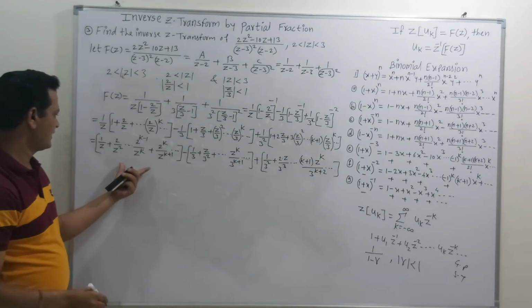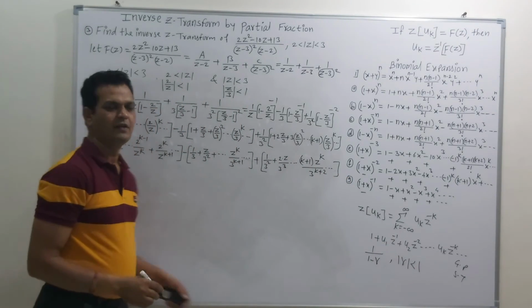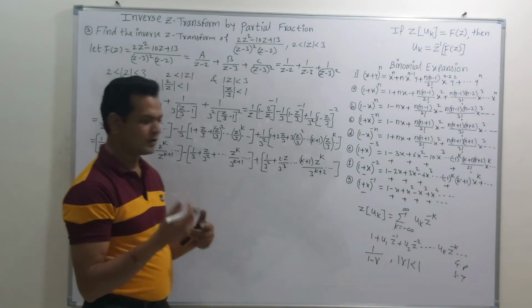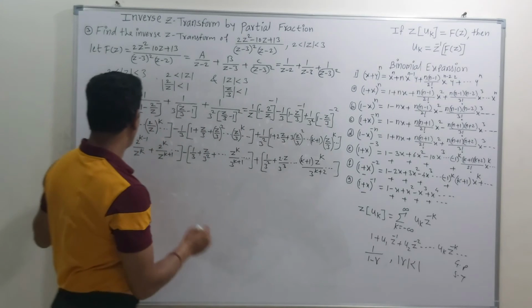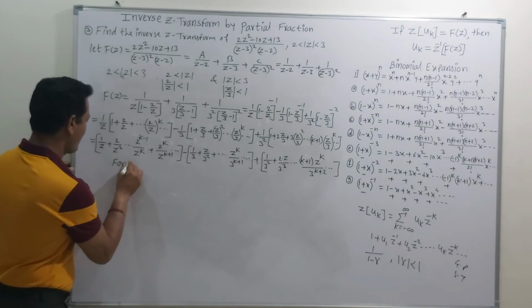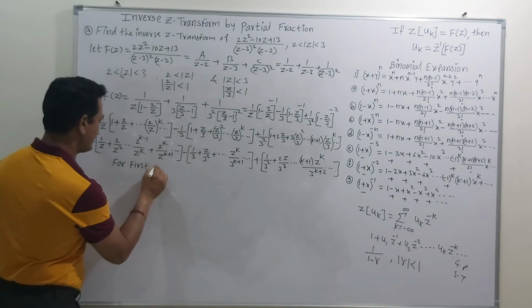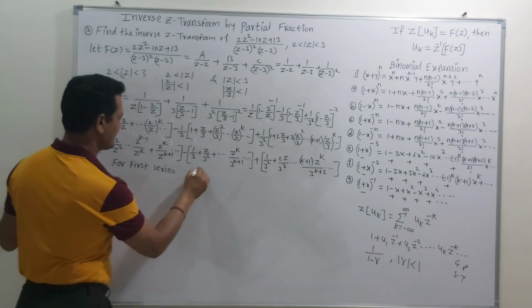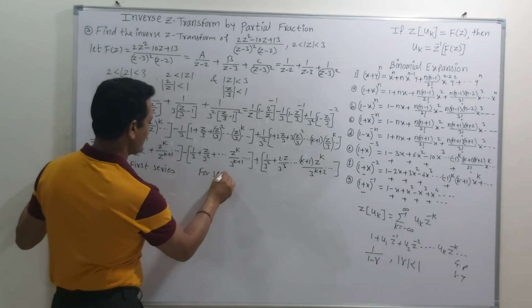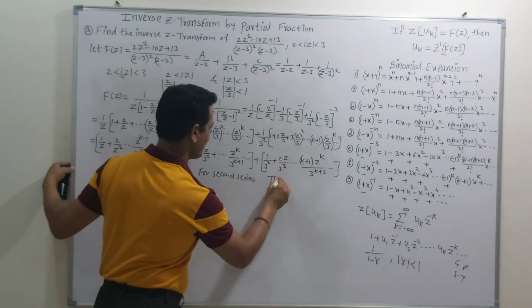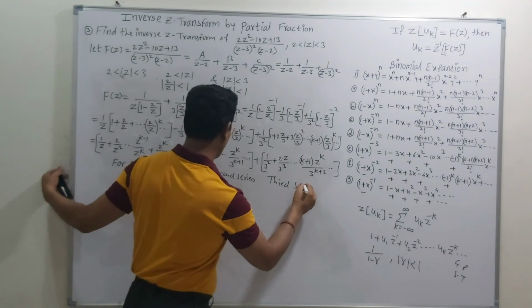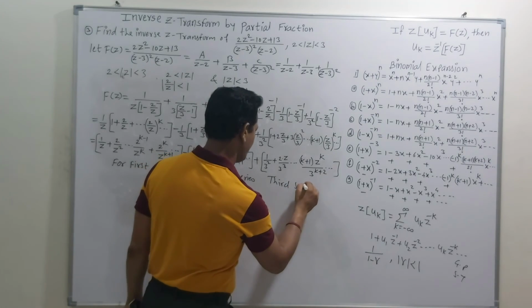So friends, this is the first series, this is the second series, this is the third series. Now to find the inverse Z transformation means to find the coefficient of z raised to minus k. So this is for the first series, this is for the second series, and this is for the third series.